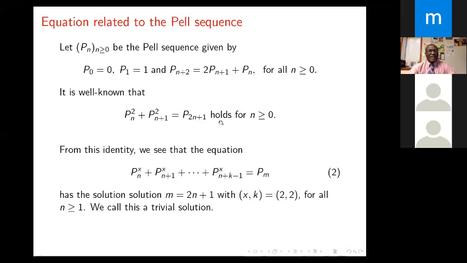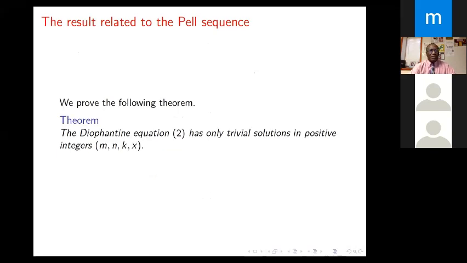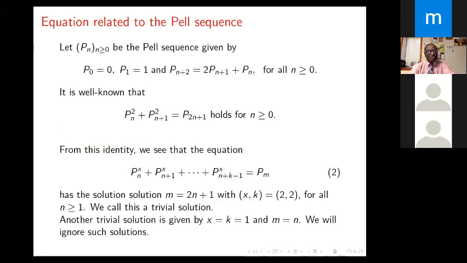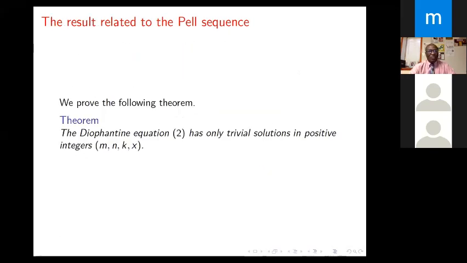And having that, we consider a similar equation where we replace Fibonacci numbers by Pell numbers, and we look at the trivial solution like we have done, and we obtain the result. So besides the trivial solution here, we have no other solutions. So that is the second result we obtain.